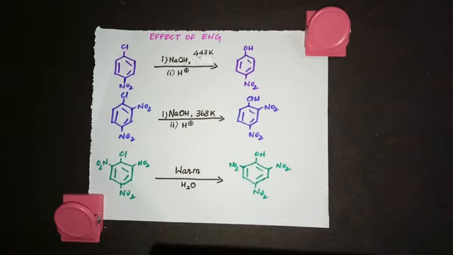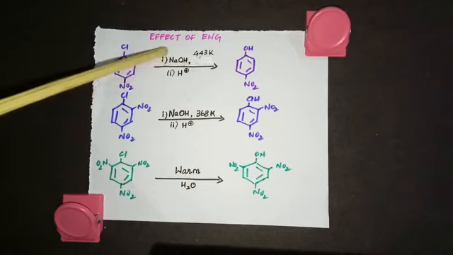Before going into the mechanism, let's see how these substituents at ortho and para position of chlorobenzene enhance the reactivity of chlorobenzene. Now see the first example. The electron withdrawing nitro group is at the para position. Now I'm taking chlorobenzene with nitro group at the para position. We call this para nitrochlorobenzene.